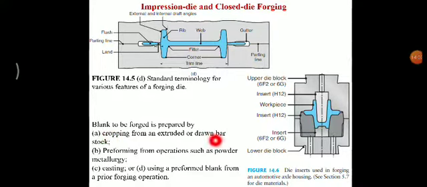Then cropping from the axle. Here figure 14.6 is given, which shows the die inserts used in forging of an automobile axle housing. I think you must be familiar with the automobile axle housing. So their die materials are given. Upper die material is given as 6G or 6F2.